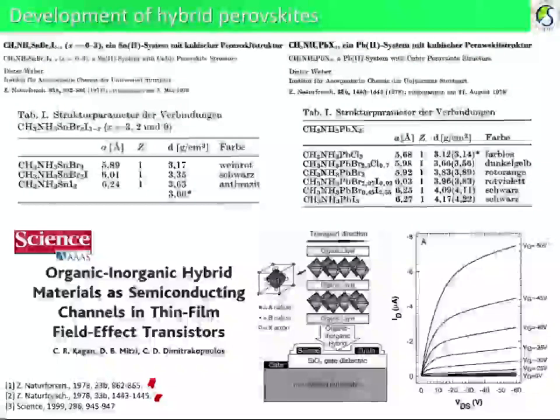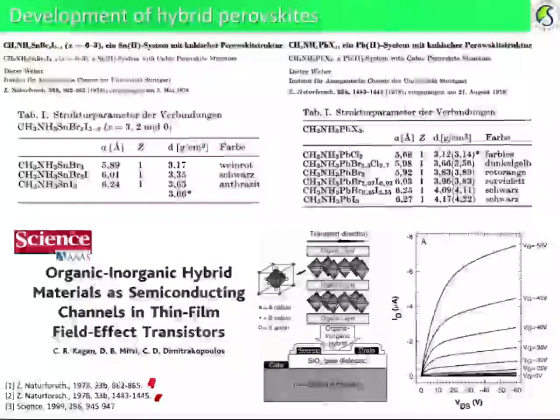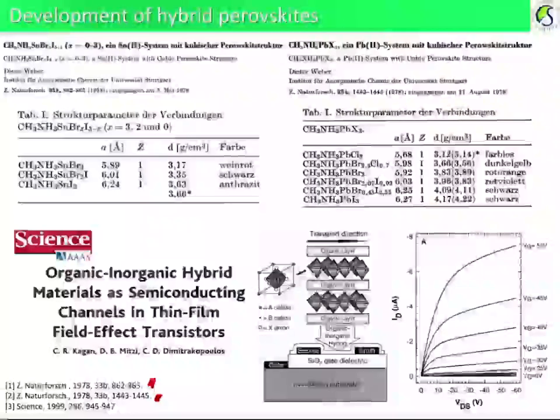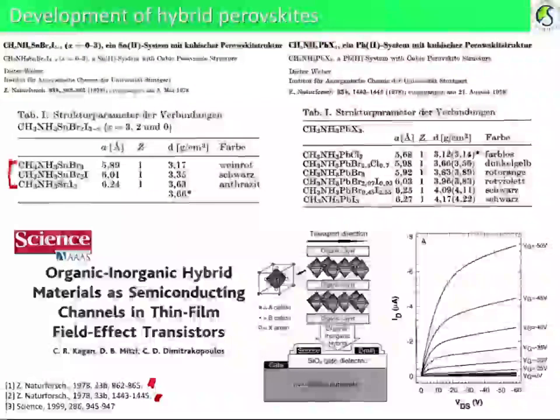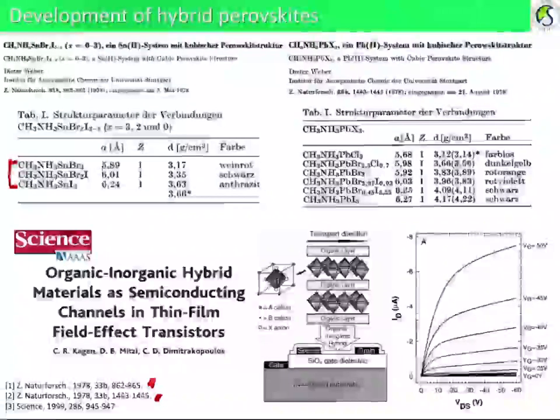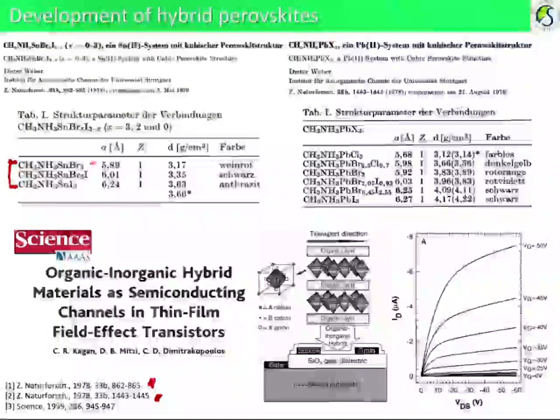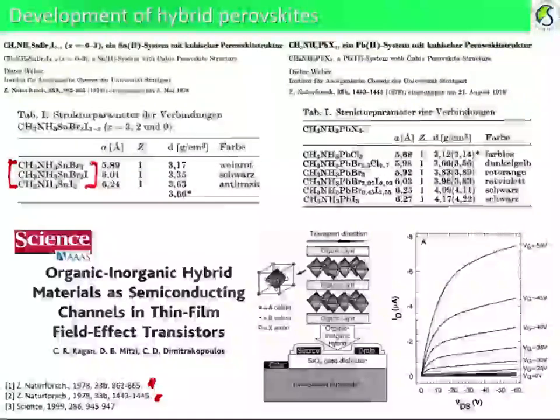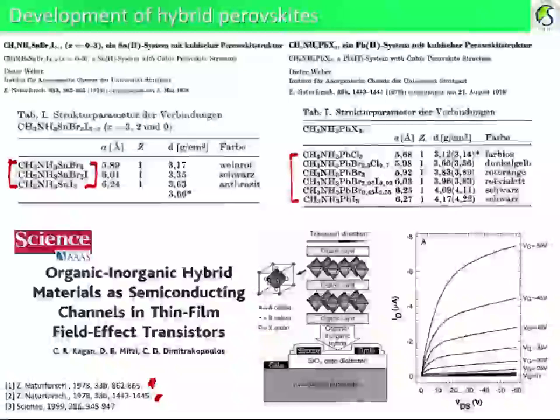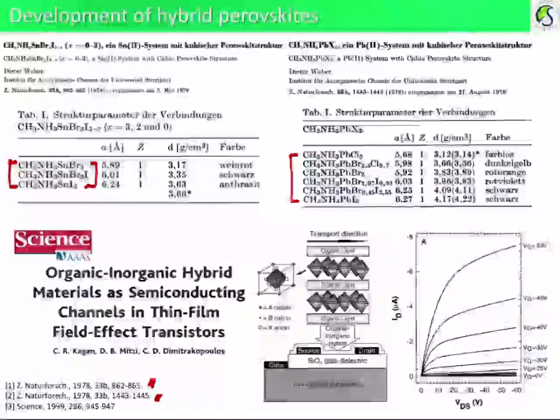At that time, he just reported the basic crystal structure and properties of this halide perovskite. You can see that he introduced the methylammonium tin bromide or tin iodide perovskite. And in this paper, he introduced the methylammonium lead halide perovskite materials.